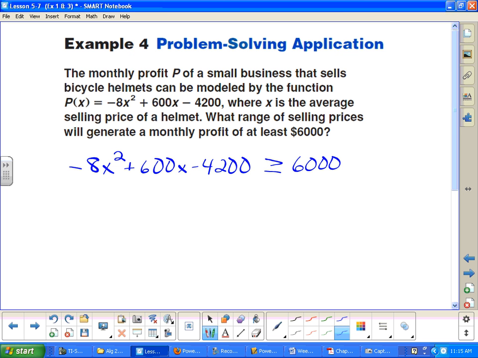So we're going to look at it graphically. We could get everything on the same side, try to factor if we wanted to, but the big numbers like this, we're just going to graph it.